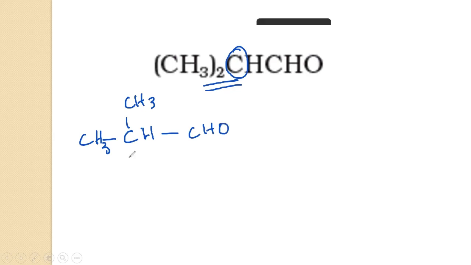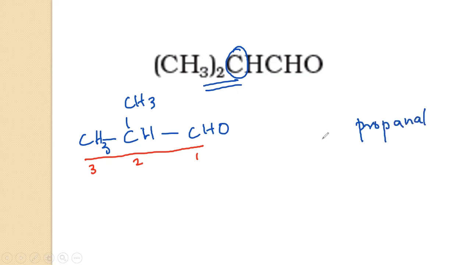So now the longest chain would be 1, 2, 3. It is a propane. So this is propanal with a methyl group in the second position. So this is 2-methyl propanal.